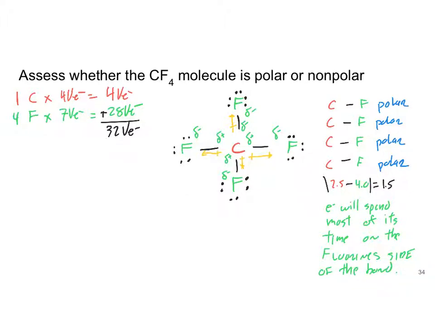And they're being pulled with the exact same amount of pull in opposite directions. And because they're being pulled with the exact same amount of pull in opposite directions, the idea is that the electron density around the central atom is actually symmetrical because they're being pulled away evenly.